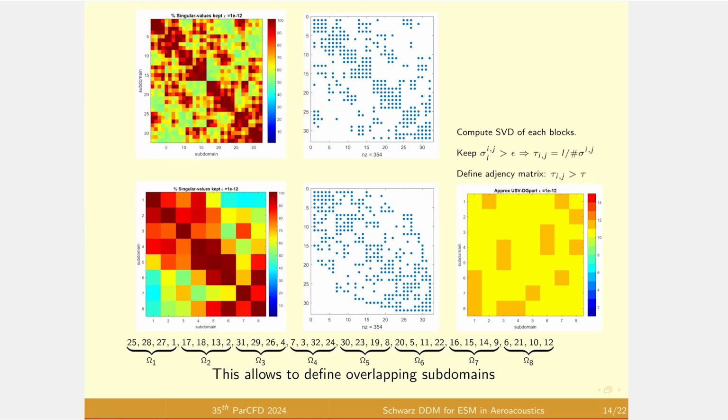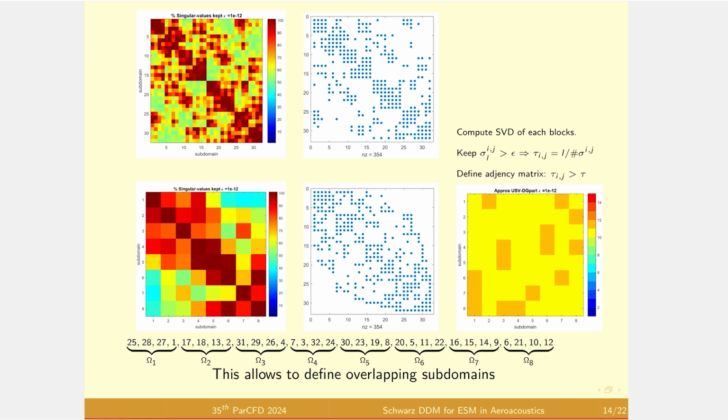So this gives us this. We start with a lot of subdomains, compute the numerical criterion, and this gives us this adjacency matrix. Then we apply the reverse Cuthill-McKee algorithm to concentrate the profile, and we gather blocks that are close together.